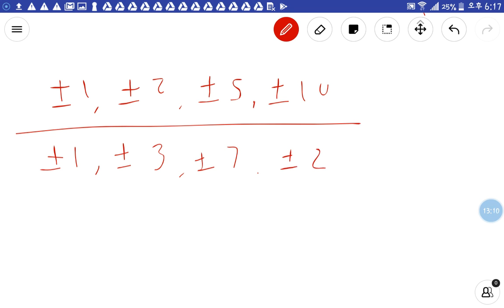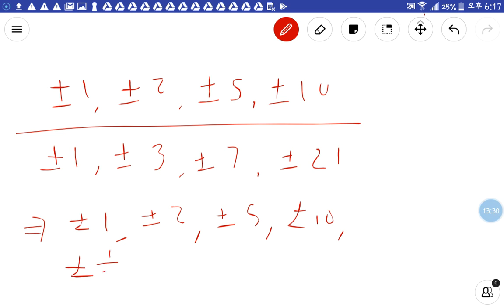After that, you simplify this as plus or minus 1, plus or minus 2, plus or minus 5, and plus or minus 10, and then under 3, plus or minus 1 over 3, plus or minus 2 over 3. Sometimes your answers are duplicates, and then please skip those. Then you write down all of them. This time, we don't really have anything overlapped, so you can just write it down.